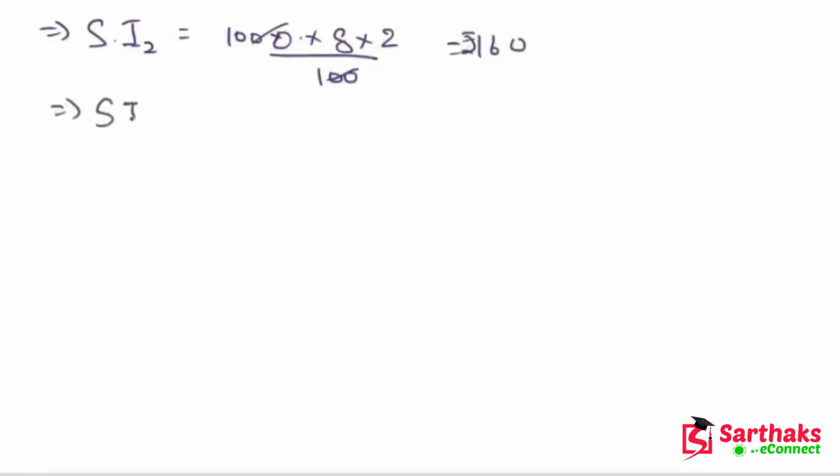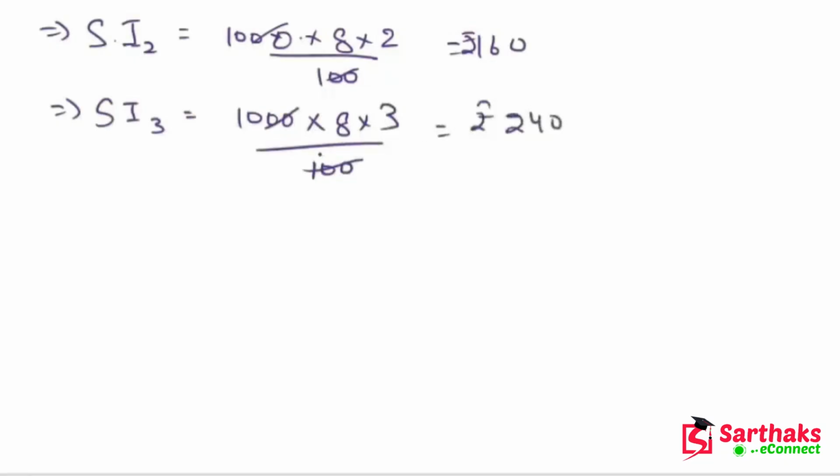SI for the third year is 1000 into 8 into 3 divided by 100, which gives 240 rupees. Similarly we can obtain the interest at the end of the fourth year, fifth year, and so on.